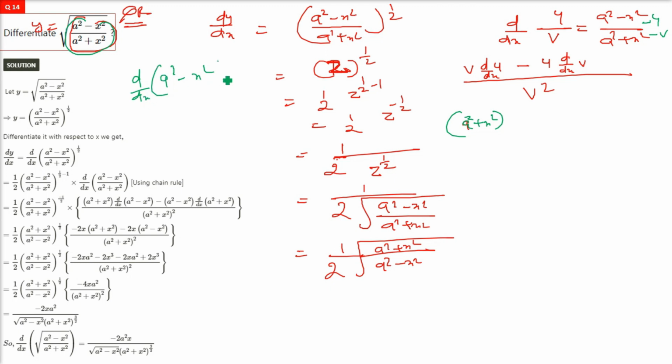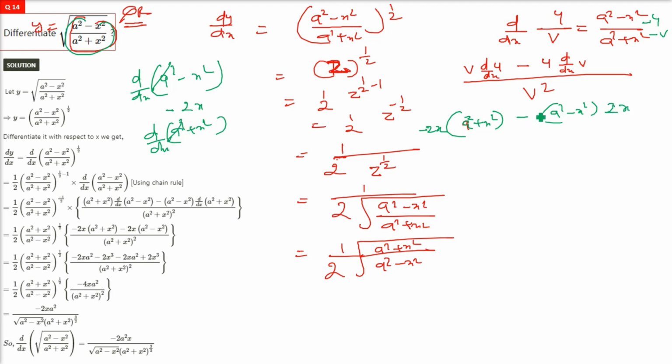So when you differentiate it with respect to x, a square will be 0 and x square will be 2x, negative of 2x. So you can keep it here, minus 2x. There is a negative sign here. U, you can just write it like that. U is a square minus x square. And d by dx of a square plus x square, same result with 2x, means positive sign. So a square will be 0, x square will be 2x.